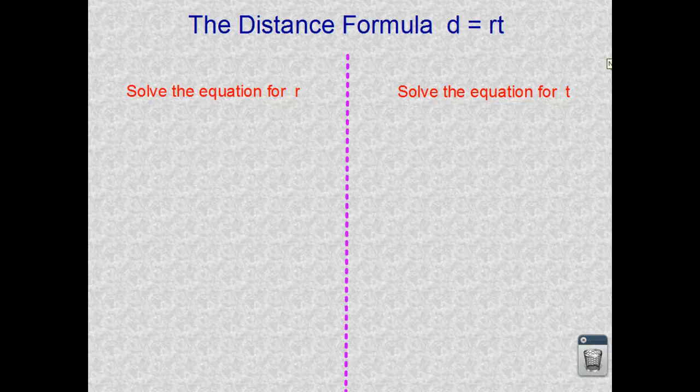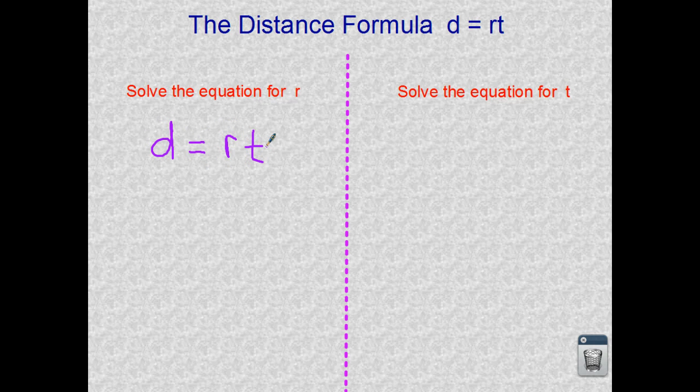All right, here's another popular formula. It's called the distance formula, where D equals RT. D is the distance, R is the rate of speed, and T is the time that it takes. So on the left side, it looks like we want to solve the equation for R. So that means we need to get R by itself.